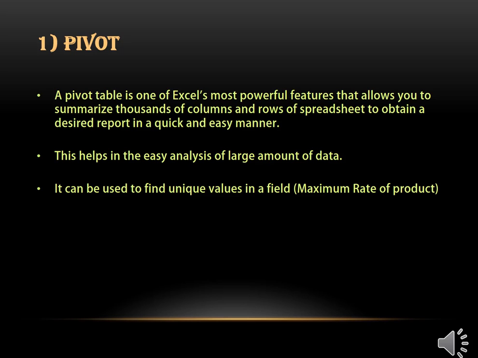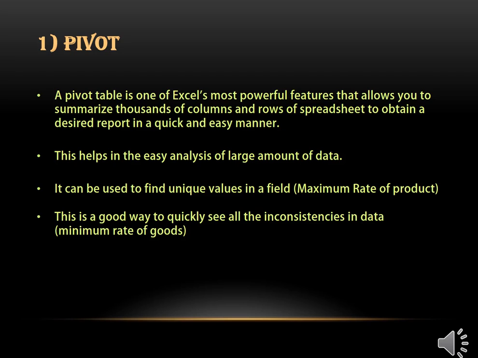It can be used to find unique values in a field, like the maximum rate of the product, minimum rate of the product. Lastly, this is a good way to quickly see all the inconsistencies in data. So this is the main function of the pivot table that helps you to take quick decisions as a part of the management.